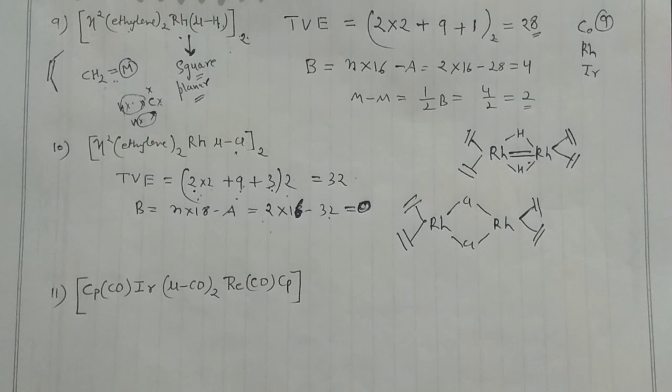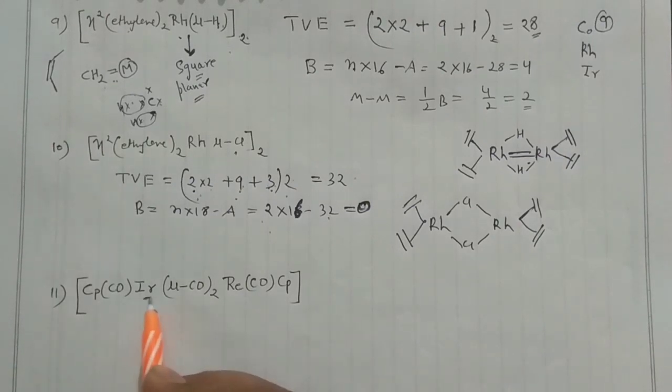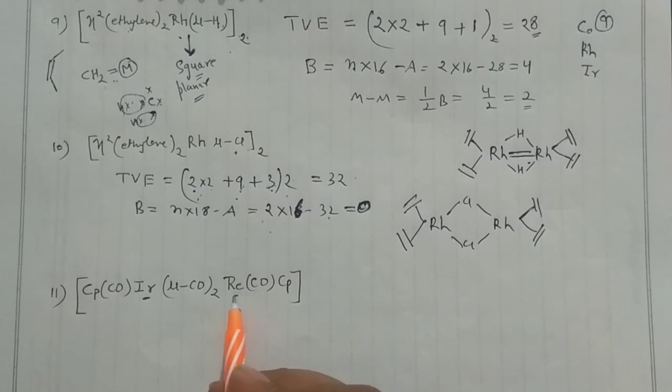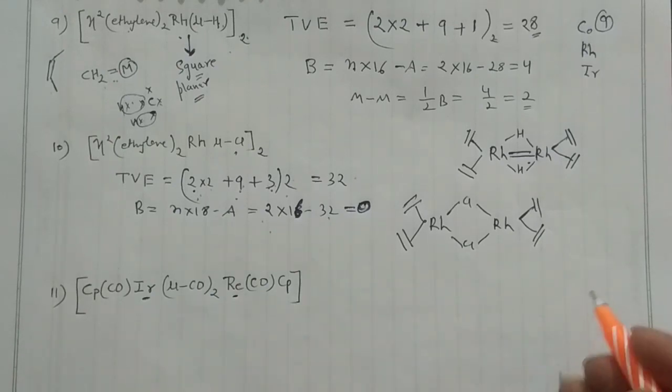Now for your next problem, you can see it's a heteronuclear type of compound, a heterodinuclear compound. Okay, so why hetero? This is iridium and this is rhenium. So you should know for which group they belong.